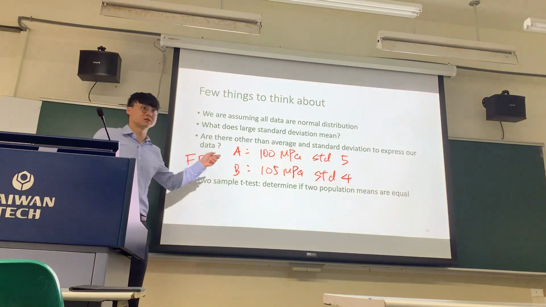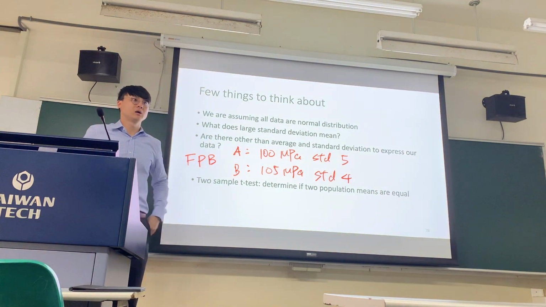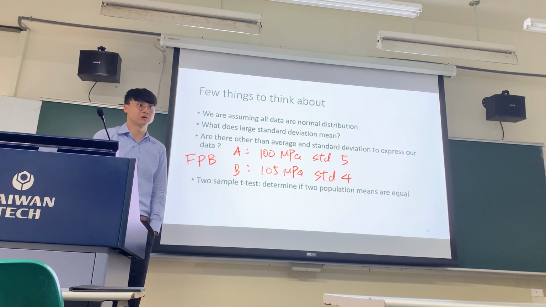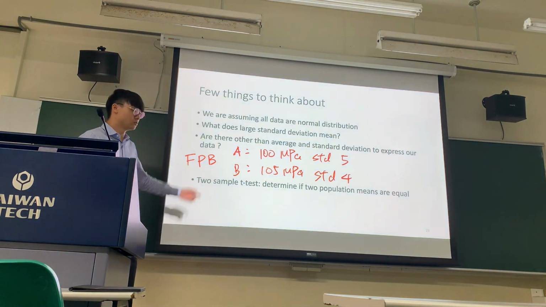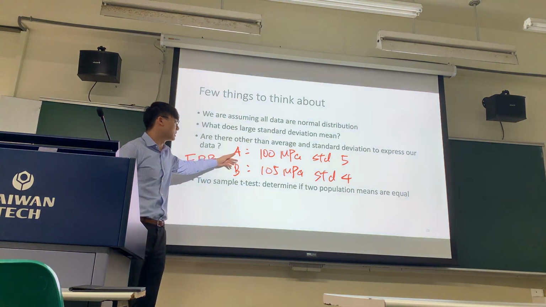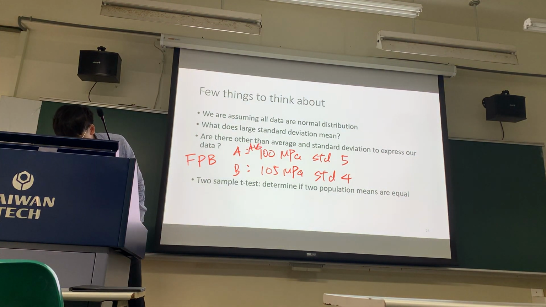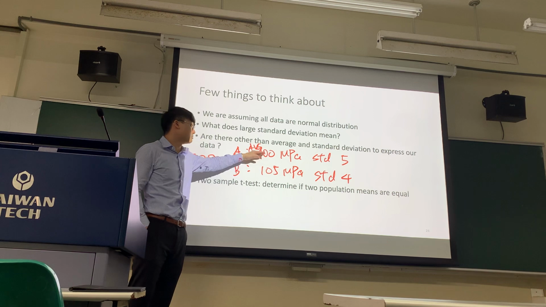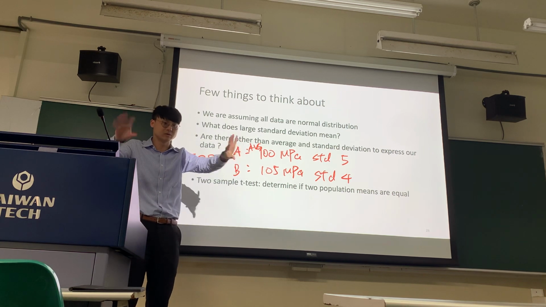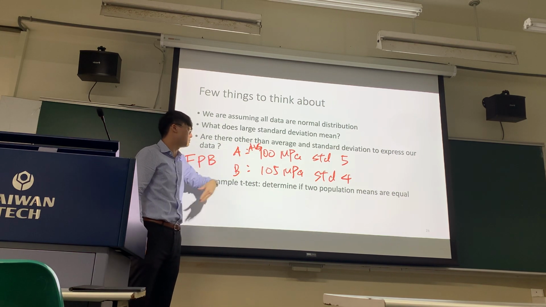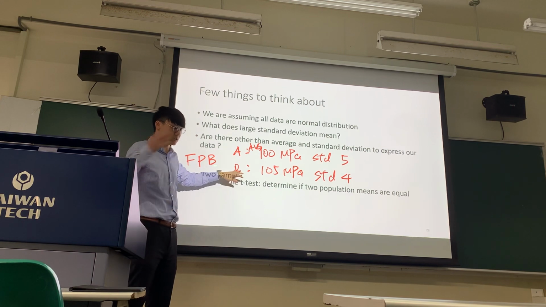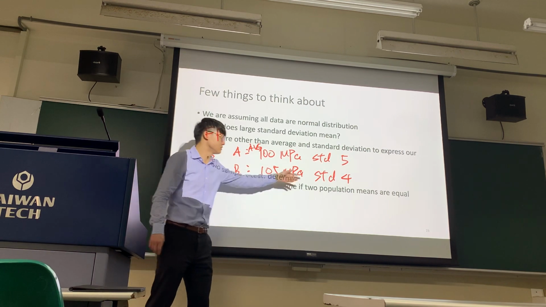By the way, this is actually a true number. Last year I was sitting in a master's defense, and they reported 4.8. He reports one number, the average. Average 100. So there are two specimen sets he made. This is 10 specimens at 100 MPa, and another, different process at 105 with 4.8.